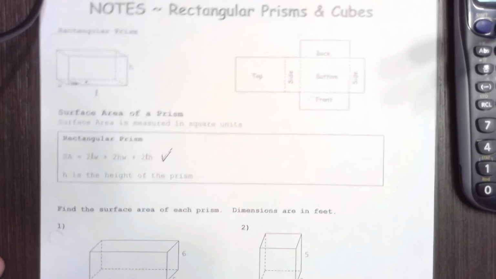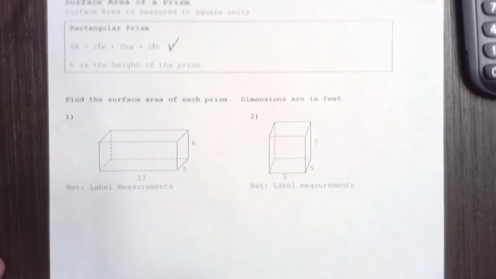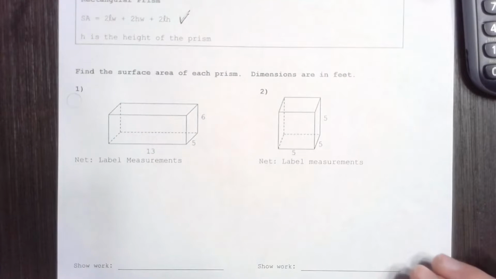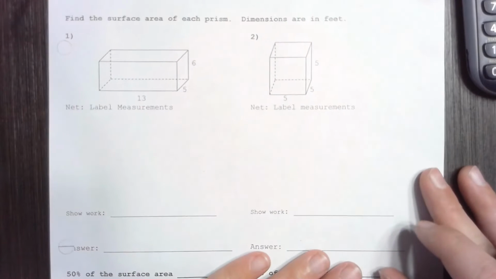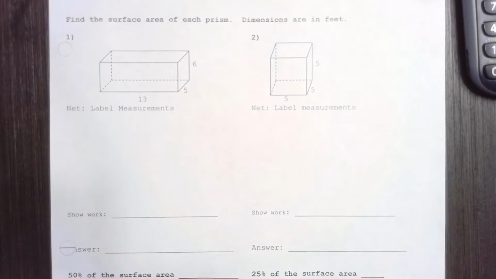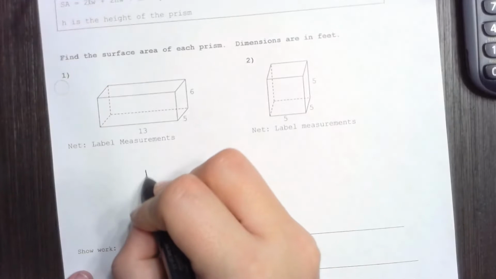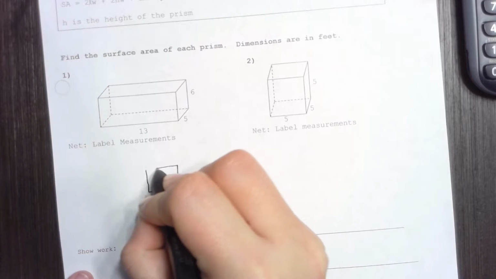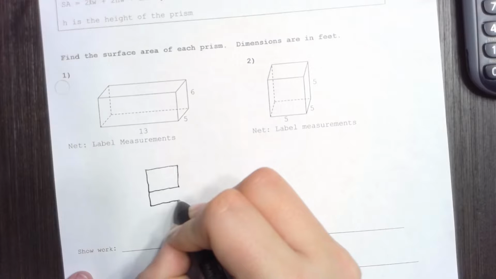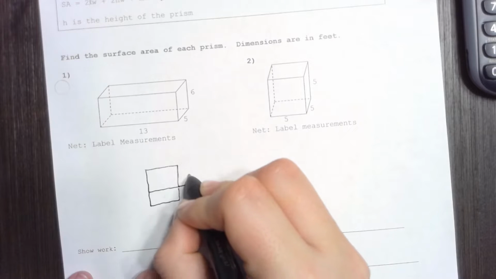Let's go ahead and start finding surface area of each prism, and I want us to do the net first. You are just going to draw your net the same way like this. We have the bottom, you have your sides, and the front and the back.